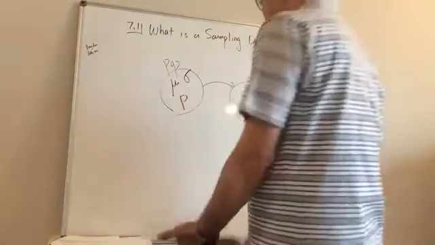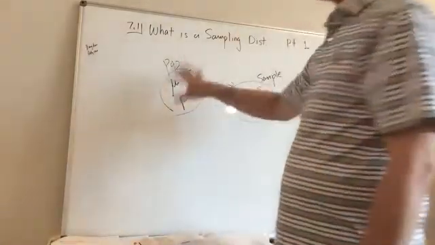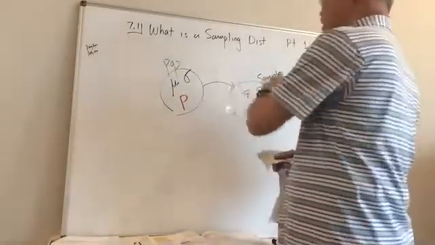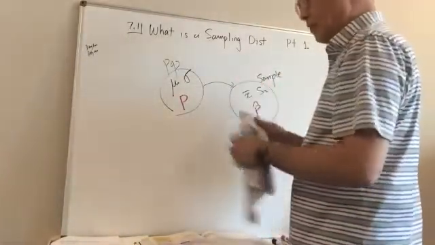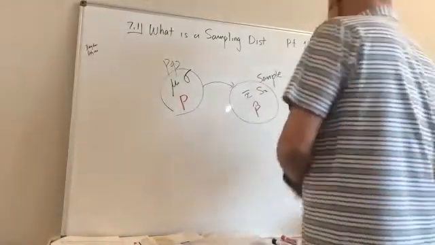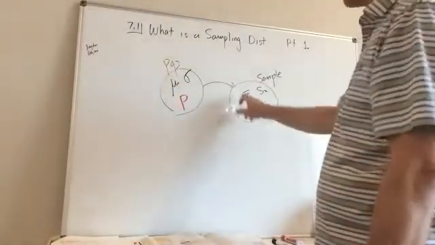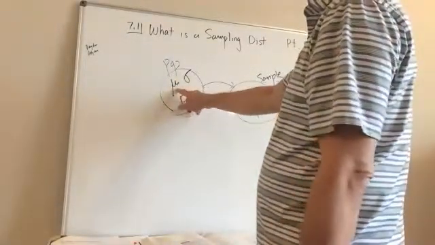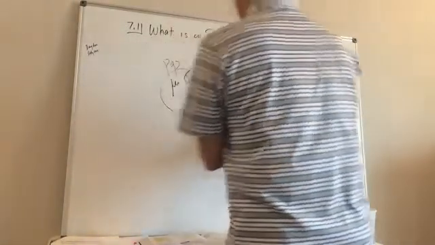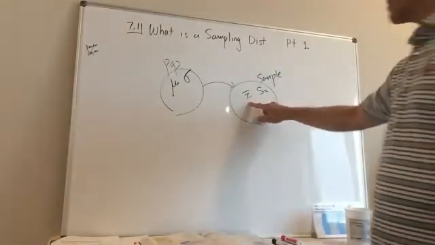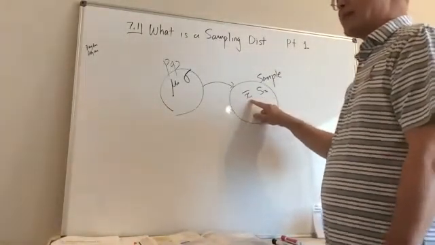We already talked about this: even if we have the same population, every sample is going to be different. So every time I take a sample, let's say that I have a population here with a mu and sigma, I will get an x bar, or a sample mean, from that sample.